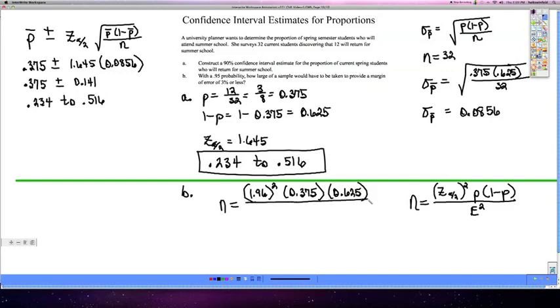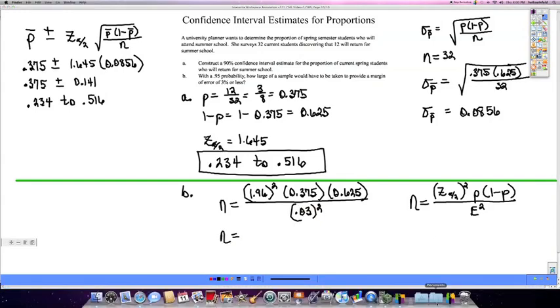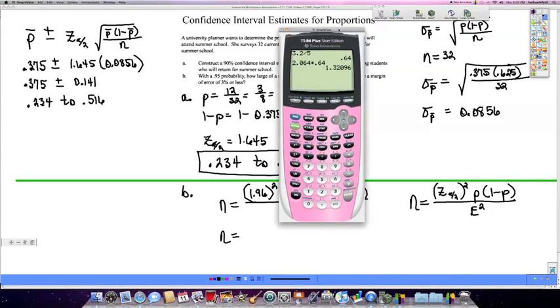And of course, all of this will be over our acceptable margin of error, which we are calculating to be at 3%. That's 0.03 squared. And we simply would need our calculator.